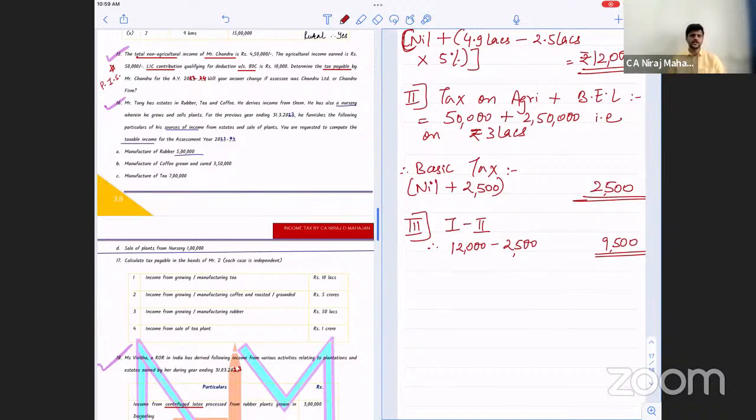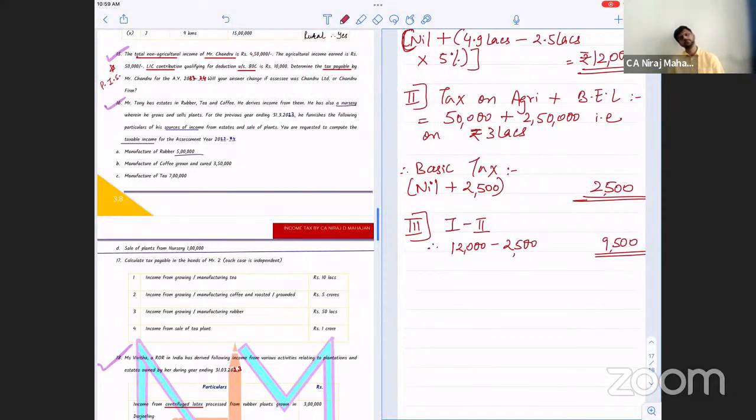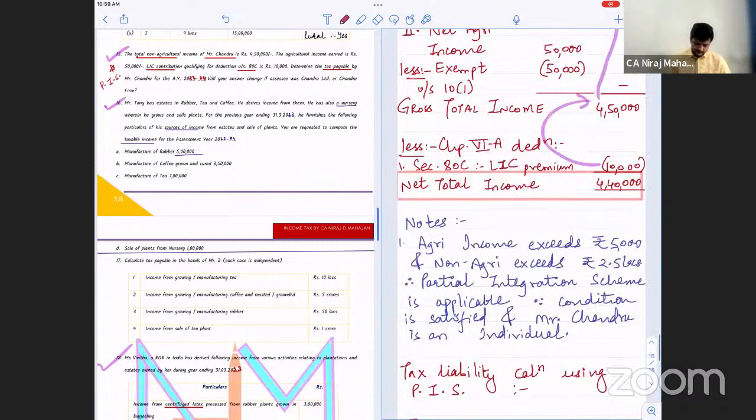On that, should we add surcharge? No. On that, can we give a rebate? Yes. Why can we give rebate? Resident individual, NTI is not exceeding 5 lakhs.